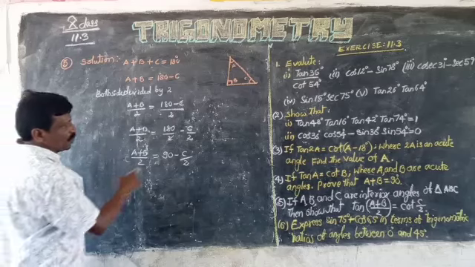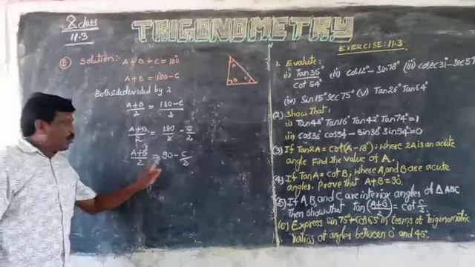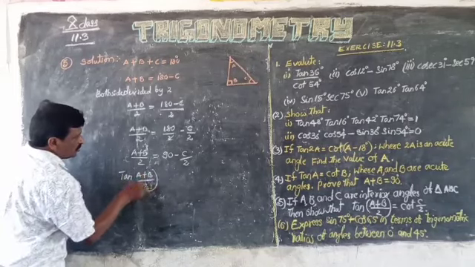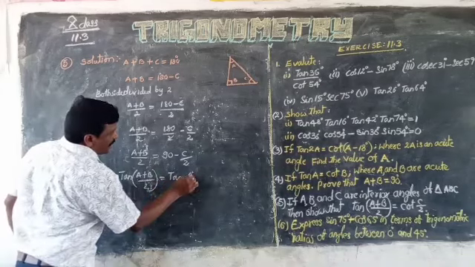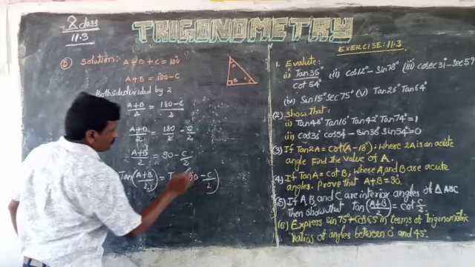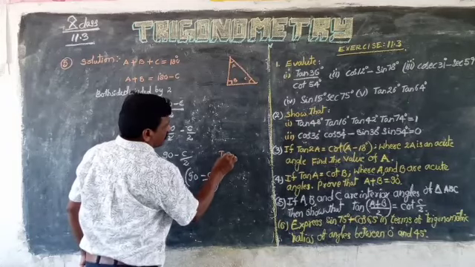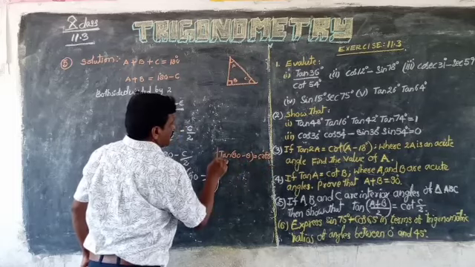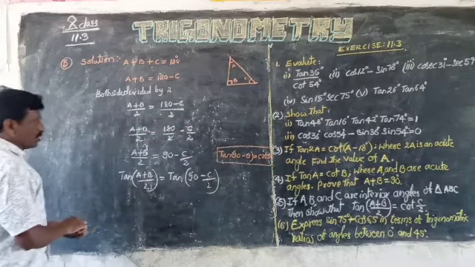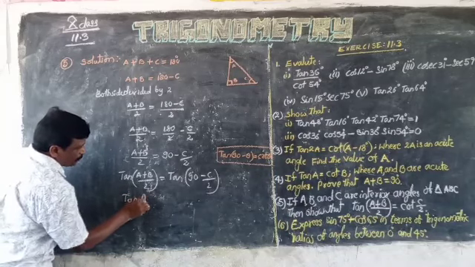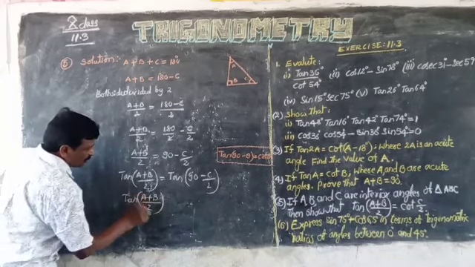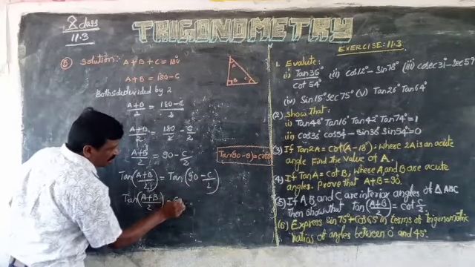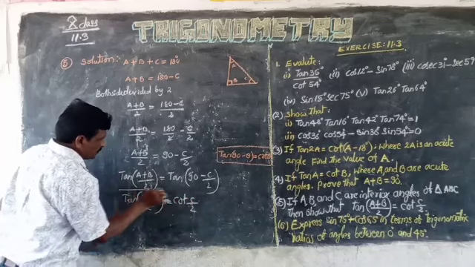Tan(90 minus theta) is equal to cot theta. Here theta is equal to C by 2, so we get cot(C by 2). This is the answer.